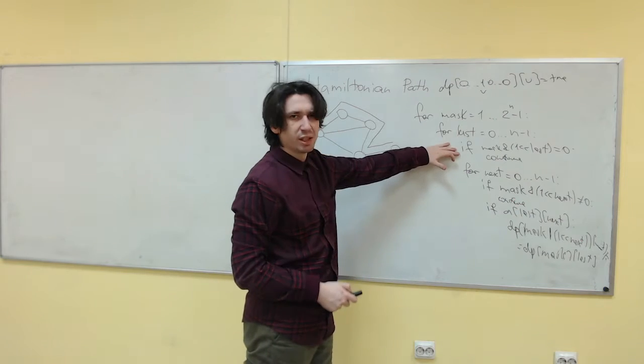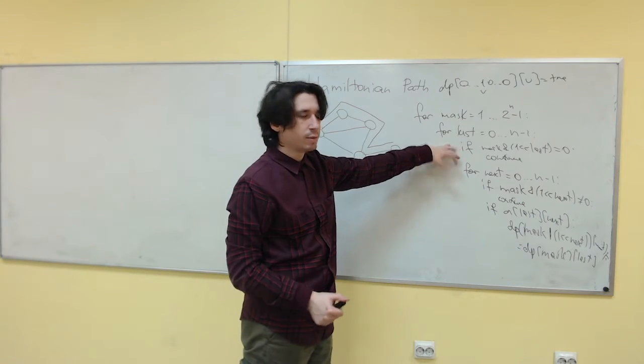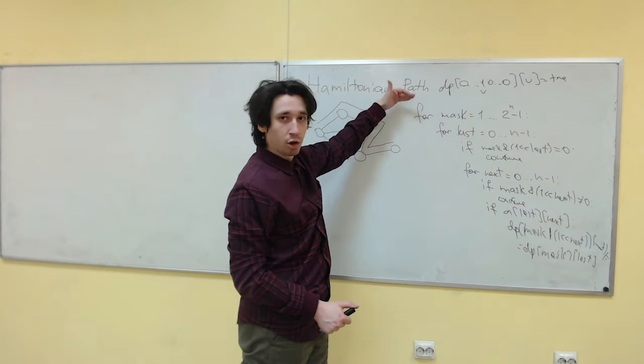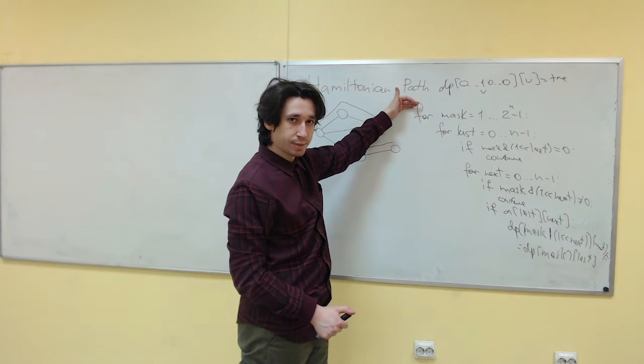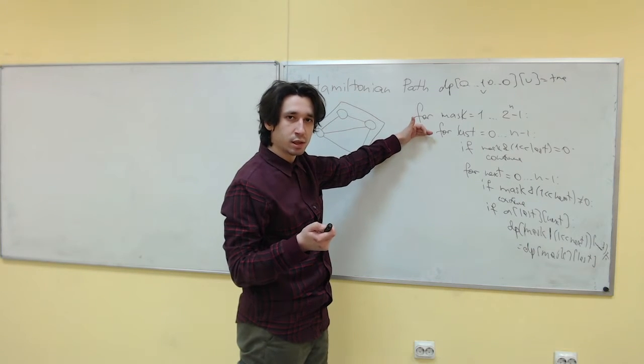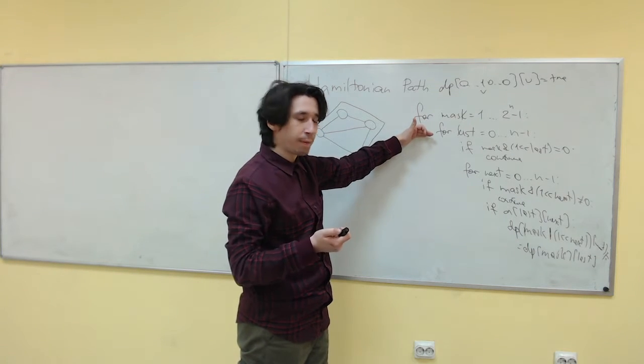This check is not really necessary, we can get rid of it anyway. So we iterate through all the masks, all the subsets, and through all their possible last vertices on the path.